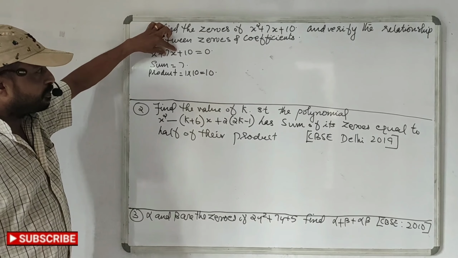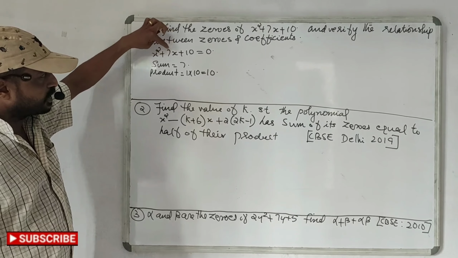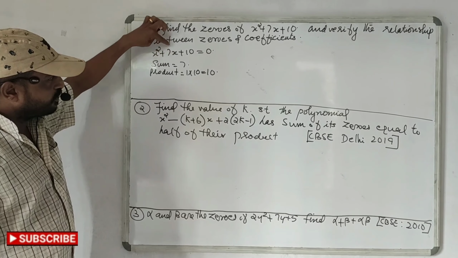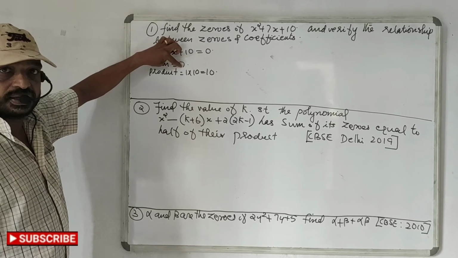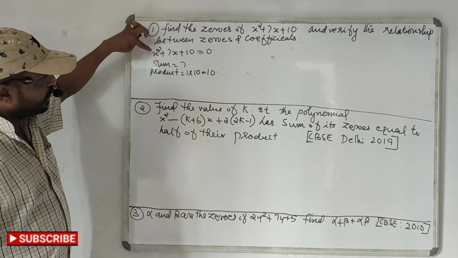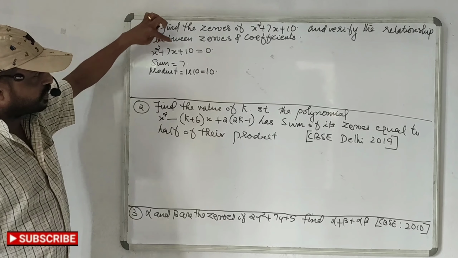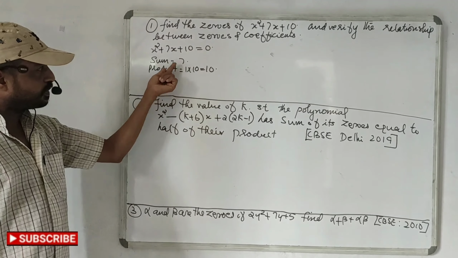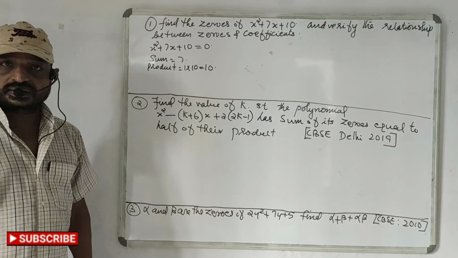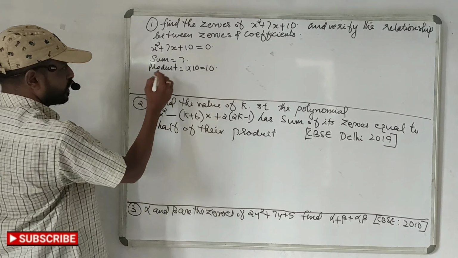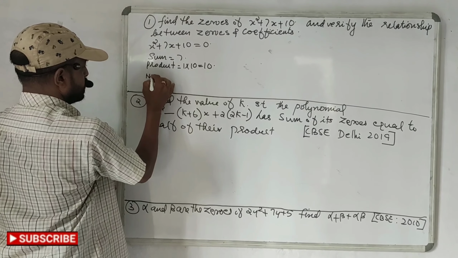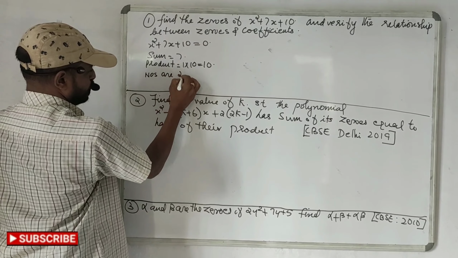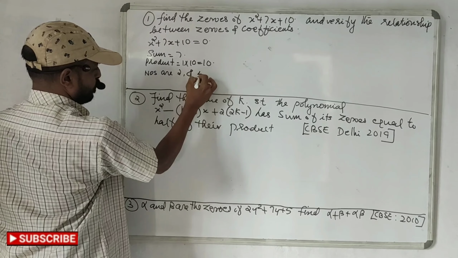Let us find two numbers whose sum is the coefficient of x, that is 7, and the product is a into c, the coefficient of x square into the constant term, 1 into 10. So, what are the numbers whose sum is 7 and product is 10? It is clearly 2 and 5.